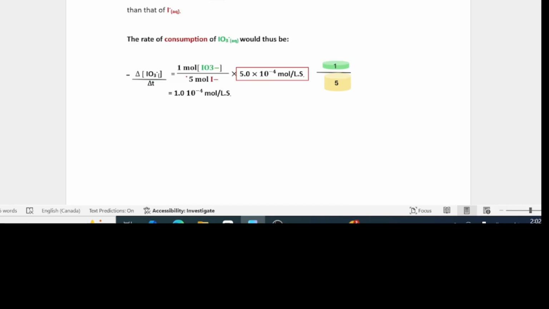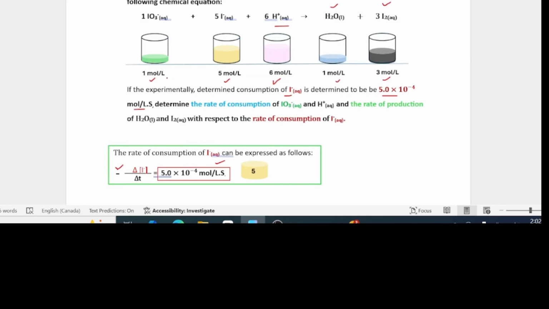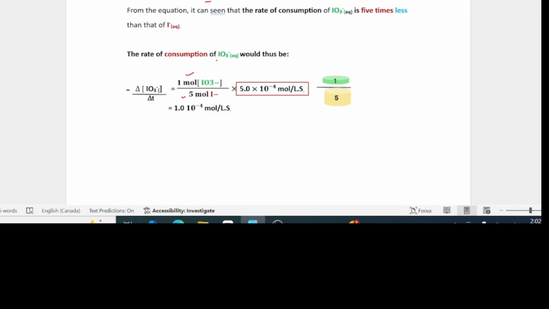And you look at the mole ratio. The mole ratio, according to this here, is 1 to 5. Let's check it out. For every 1 mole per liter of iodate that is consumed, 5 moles per liter of iodide is consumed. Then make that a numerator. That's always a denominator, time. Multiply by its experimentally determined rate, and that's what the answer is.